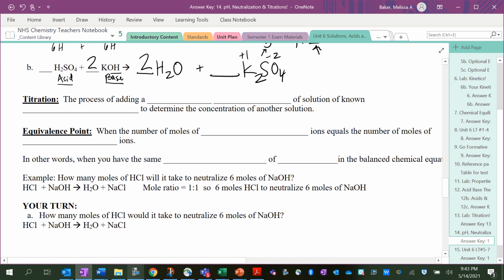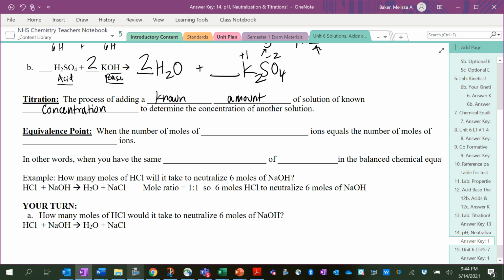All right, titration is the process of adding a known amount of solution of known concentration to determine the concentration of another solution.